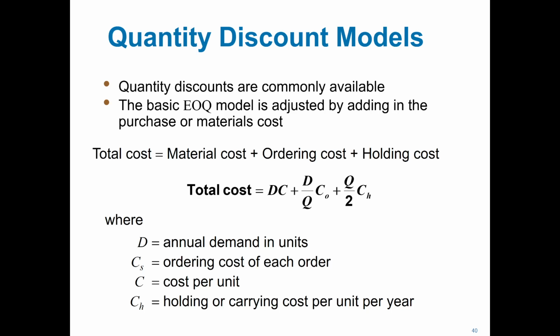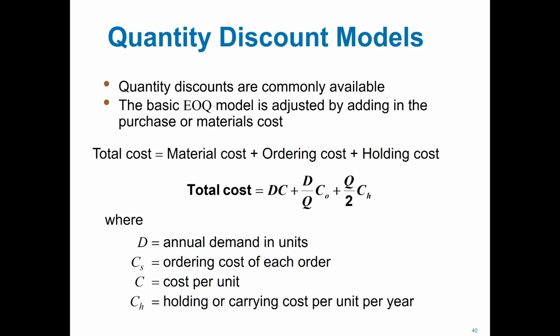Now we come to the quantity discount models. Remember that in the EOQ model, the basic inventory model of economic order quantity, we assumed that there was no discount. Now we are relaxing that assumption, and we are saying that yes, there are quantity discounts available. Now how to take that into account?